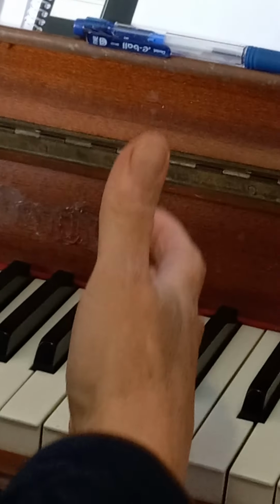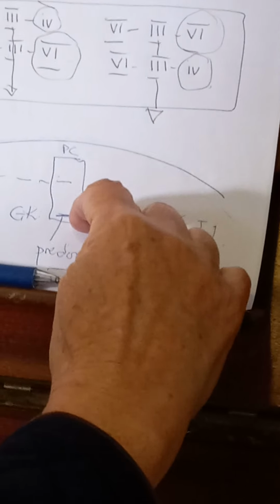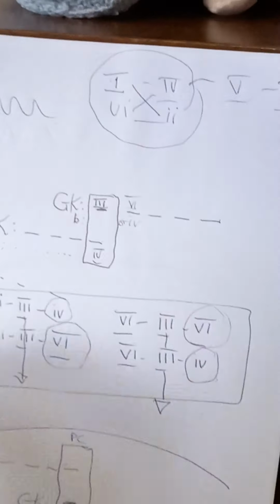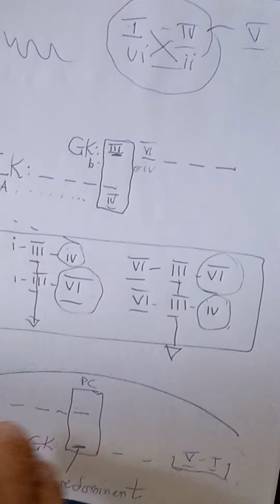And if I don't resolve it and I simply go to another key at that point, then it's not a gradual type of transition. It's a disturbing type of transition. So try and find a predominant chord, one of those, to get from your old key to your new key.